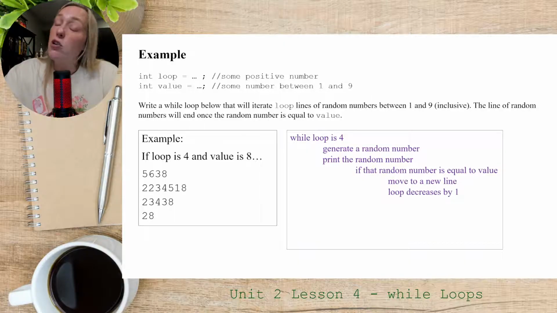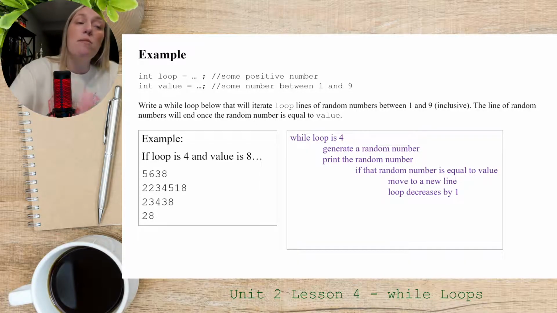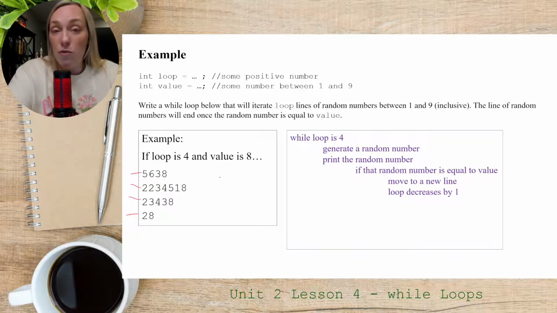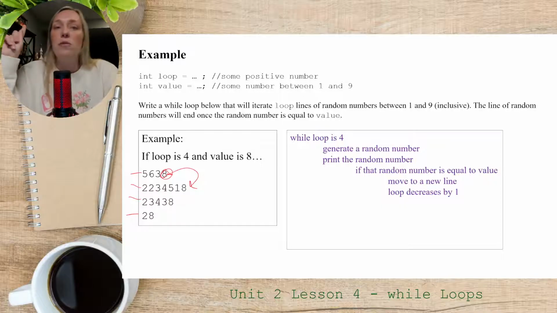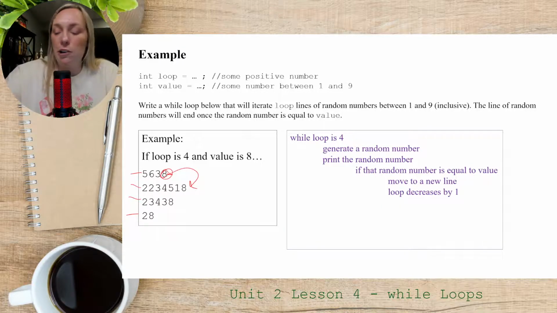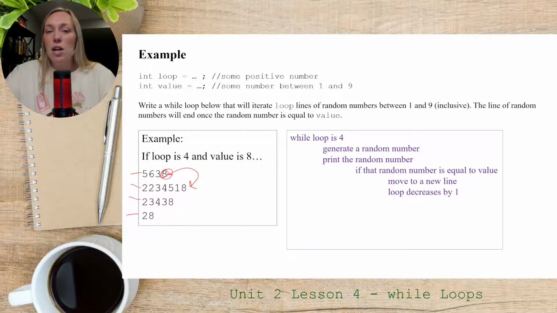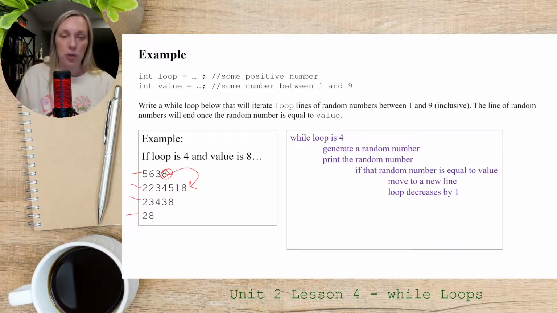And then my loop decreases by 1, meaning, okay, I've moved to a new line. I want to print 4 lines, right? And if I print 4 lines, as soon as I reach 8, I want to move to a new line. And if I move to a new line, that means, oh, check, I've done 1 line. So I want loop to decrease by 1, okay?